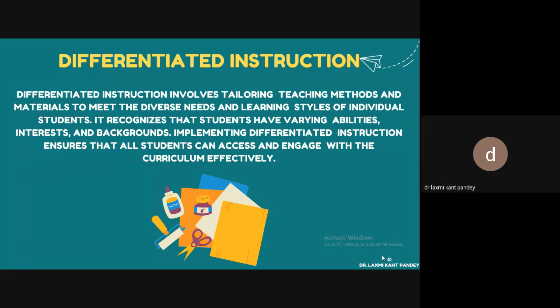Because as I told you, there are different kinds of students in your classroom. So if I'm using one method to teach all the students, I'm not going to cater to all the students, or I'm not going to give the knowledge or the information to each individual student in an effective manner.